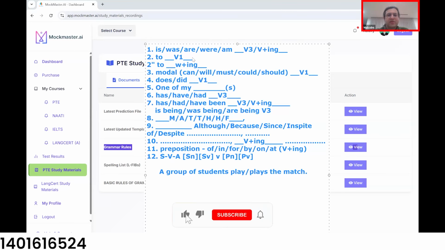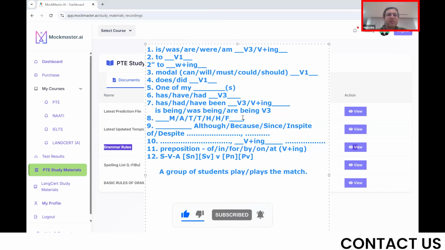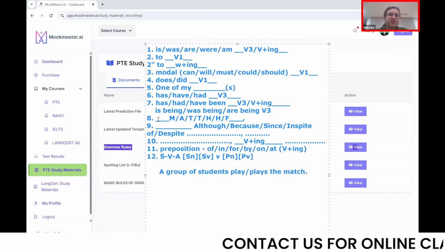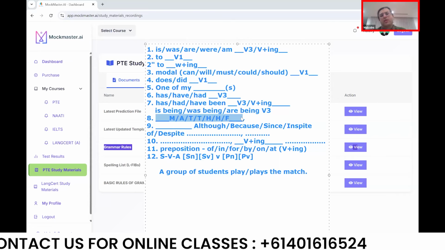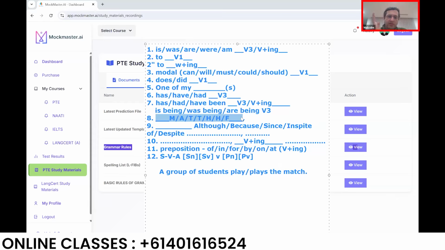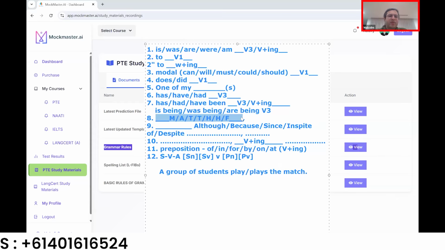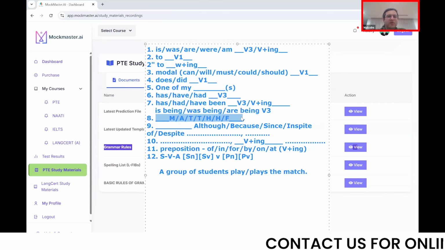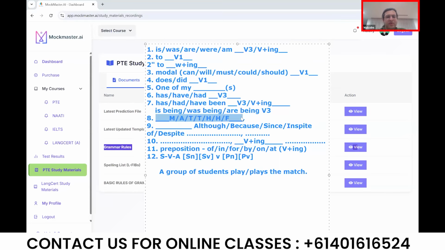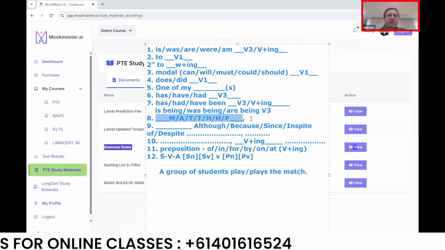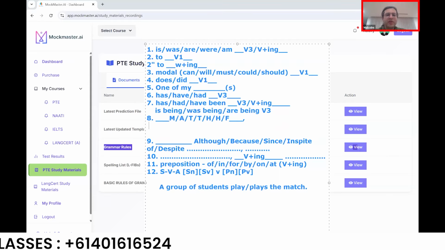Somebody has a question. Can you explain rule number 8? Yeah, rule number 8, as I mentioned, if the first word of your blank is followed by a comma, mostly it will be a connector. Moreover, however, hence, thus, therefore. Similarly, these words can also come in between two commas.